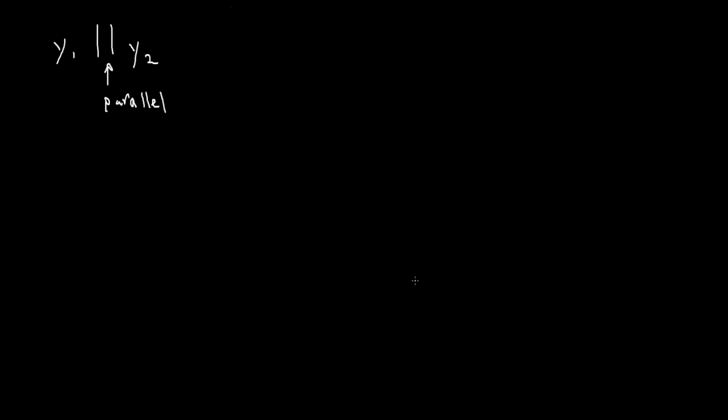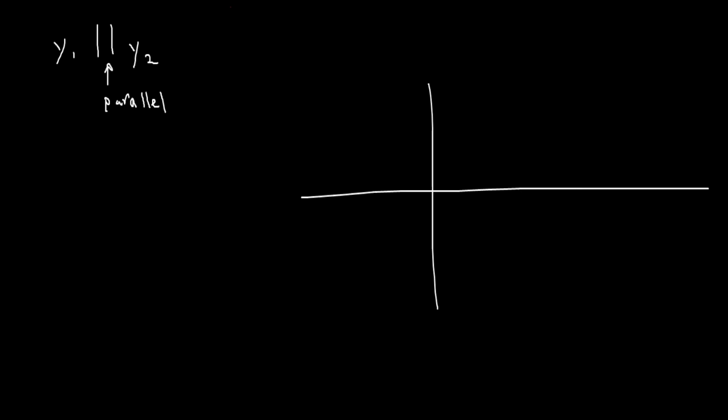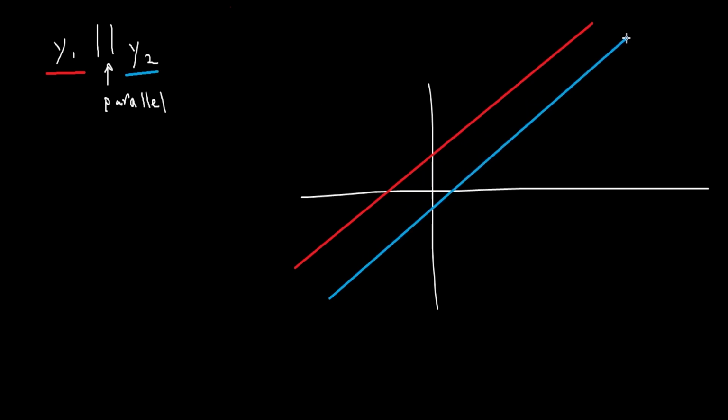So if y1 and y2 are parallel, what that means is that if we draw these, I'll make y1 in red. So let's say we have y1 like this, and then let's say we switch over for y2, so y2 is in blue. So y2 is exactly the same line. It's just moved down a little bit.